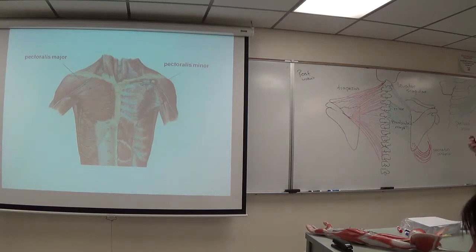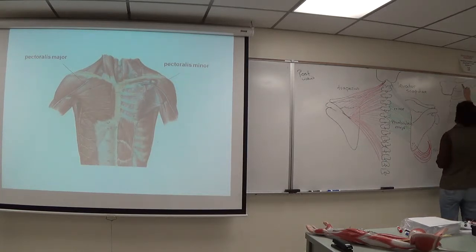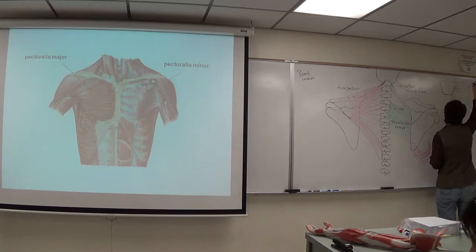Okay, all our other minors and majors, minor was above and major was below. Now the major is superficial. So pectoralis major is actually going to attach to the humerus. It crosses the shoulder joint. It doesn't come from the scapula like all of our other muscles, but it comes from the sternum, and it comes a little bit from the clavicle.